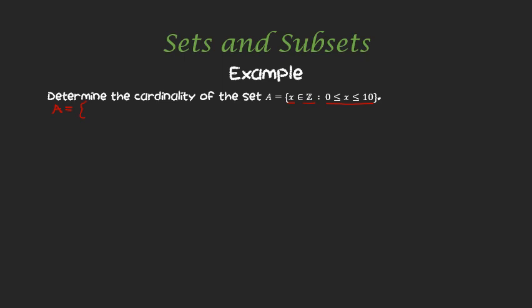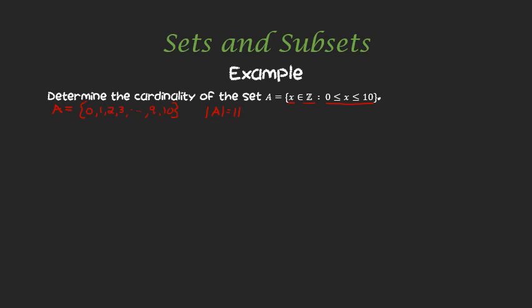So all the integers between 0 and 10 inclusive, so 0 is included, 1 is included, 2, 3, and so on, up to the last two elements, which would be 9 and 10. And so A is really this set. How many elements are in here? 11. Cardinality of A is 11. And you could just count them up by hand if you want.